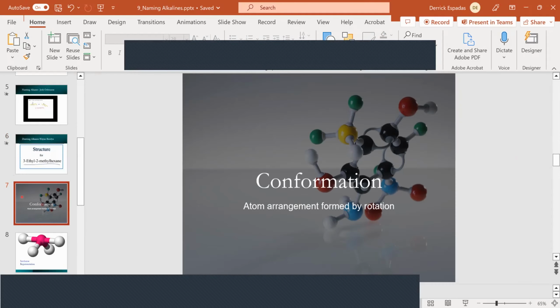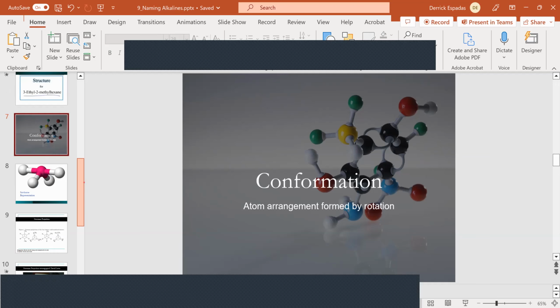So a conformation is what he was talking about, where you can just rotate an atom and look at it from a different angle. It's the same structure, it's just rotating.